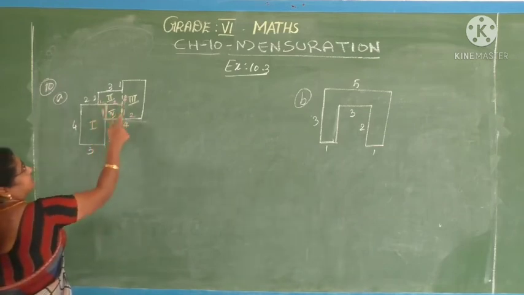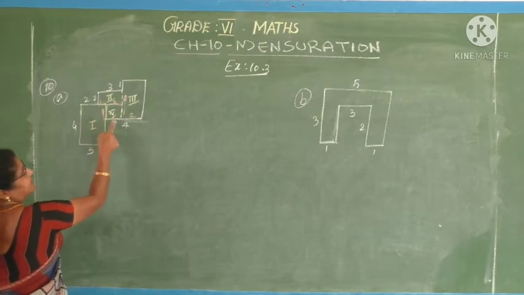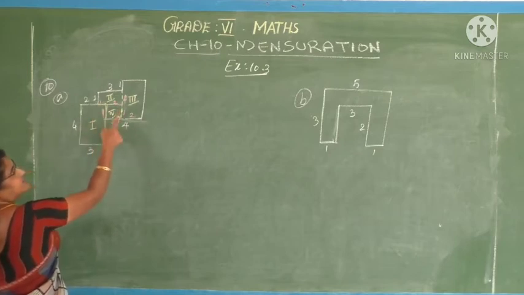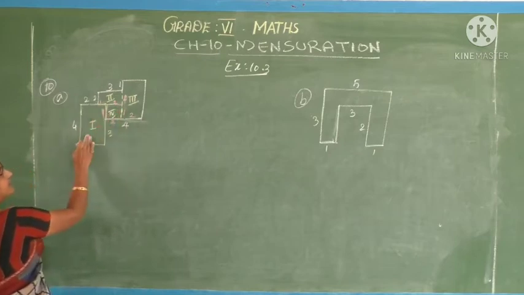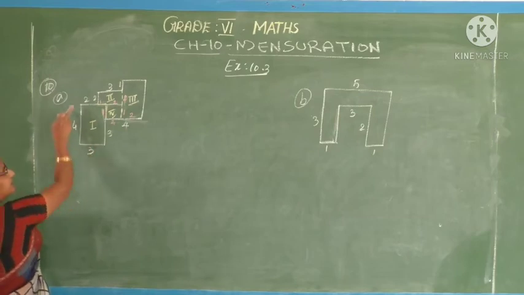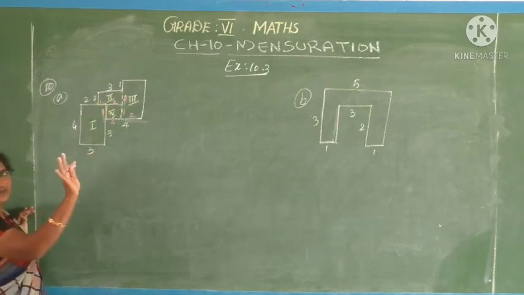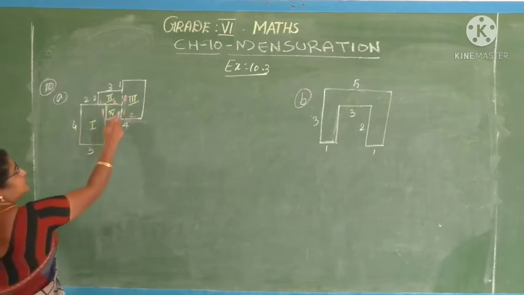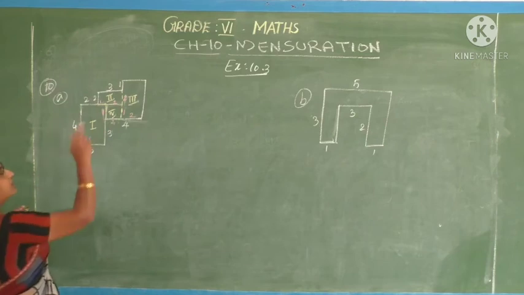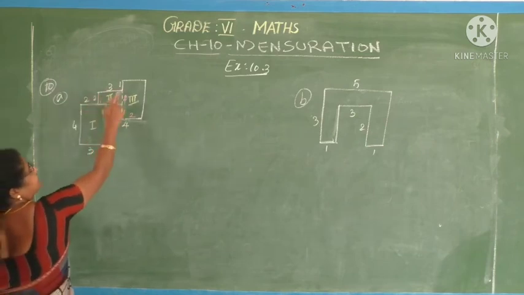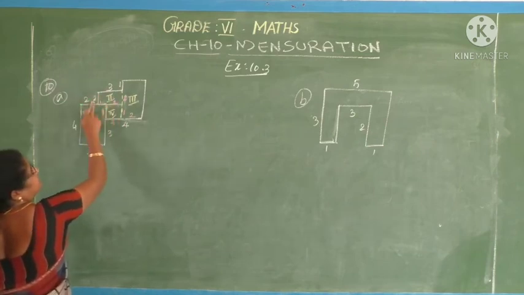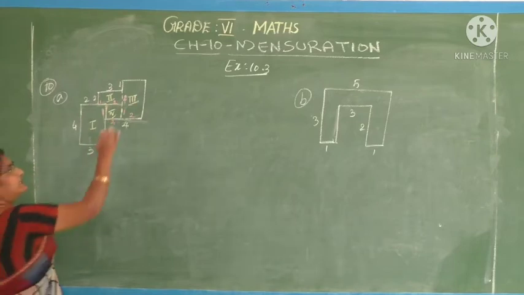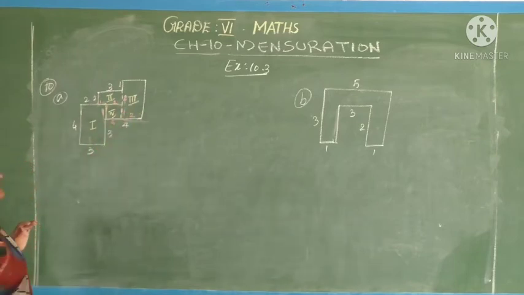Then for this rectangle, the length is 2 centimeter, breadth 1 centimeter. But for the first rectangle, length 4 centimeter, breadth 3 centimeter. For the fourth rectangle, length 2, breadth 1 centimeter. Second rectangle, length 3 centimeter, breadth 2 centimeter. Next, third rectangle.